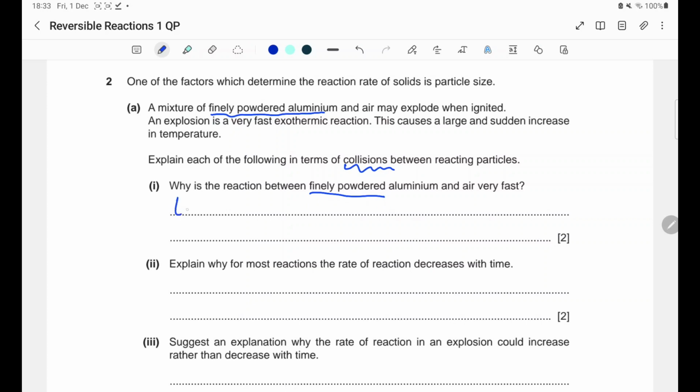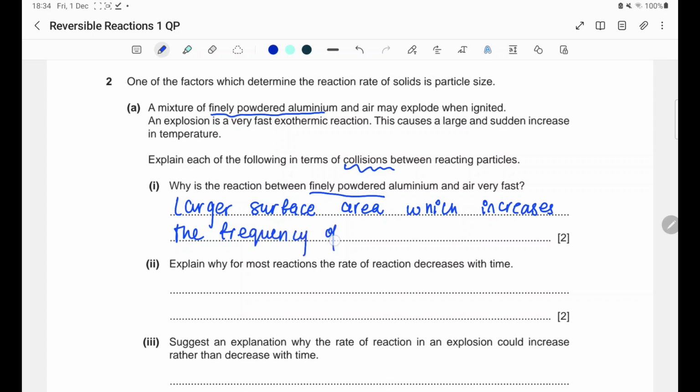It's because it's larger surface area, which increases the frequency of collisions, the frequency of successful collisions. Now, again, we have covered this in the explanation video itself, that the higher the rate of collisions, the more frequent, the more often the collisions are, the faster the rate of reaction.